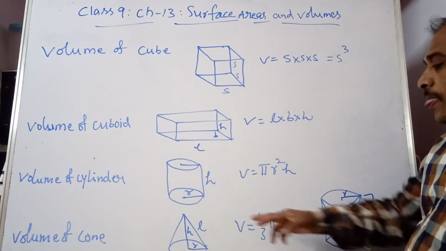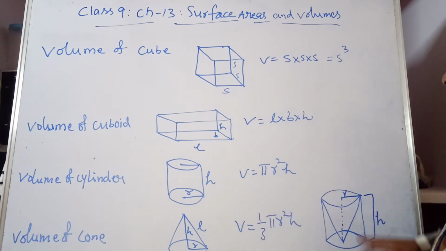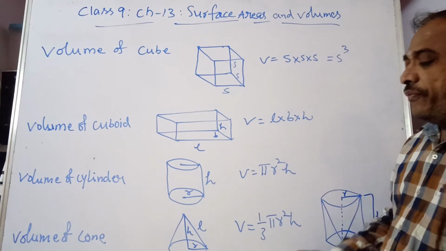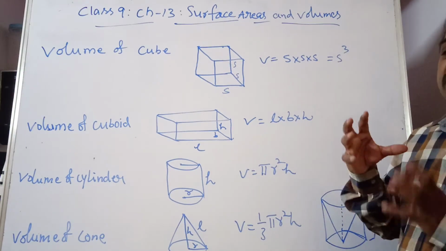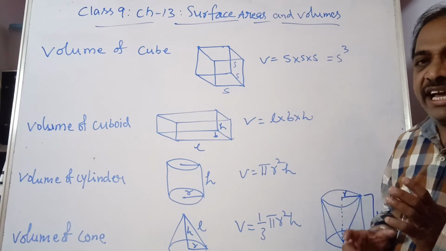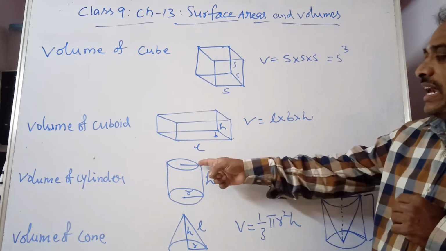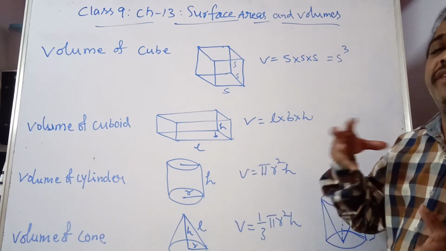Volume of the cone. There is a relation between the cylinder and the cone. Take a cone and a cylinder which have the same radius and the same height.